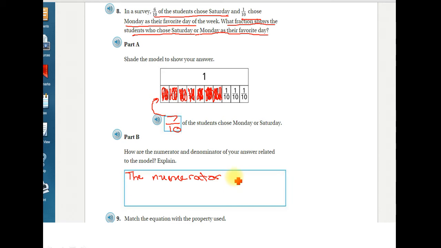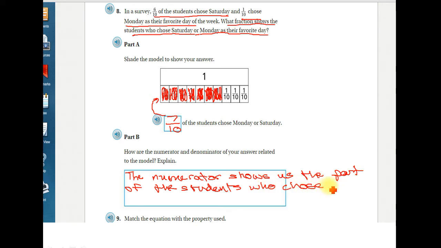So the numerator shows us the part of the students who chose, and I'm going to use abbreviations here, Monday or Saturday. M for Monday, S for Saturday.